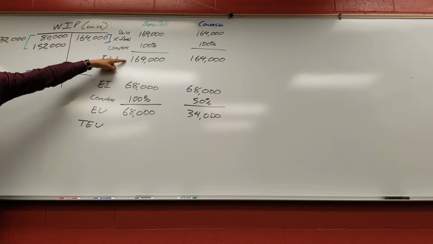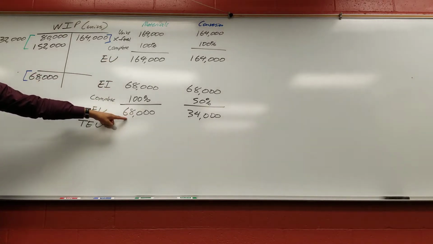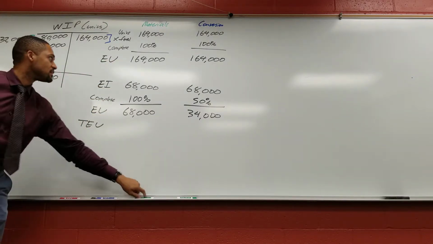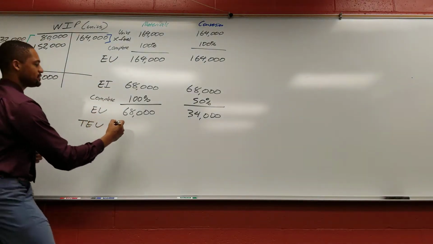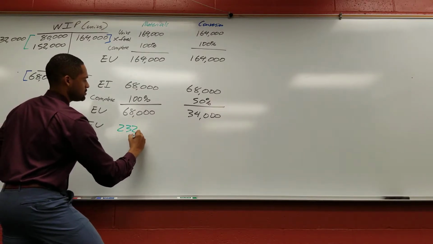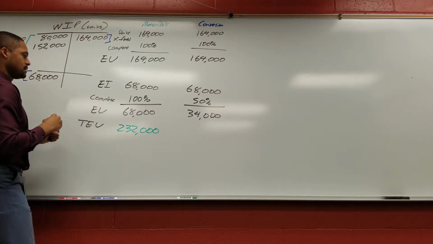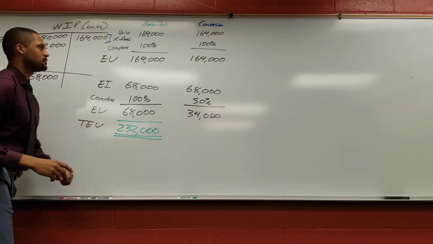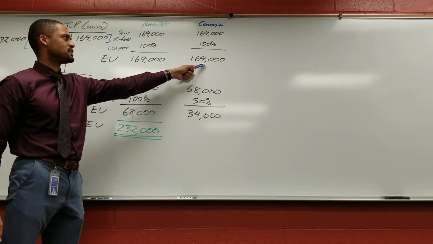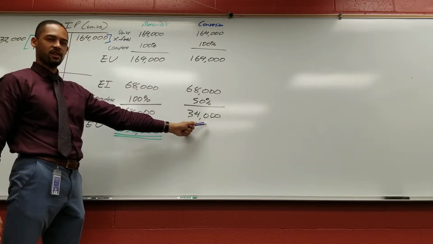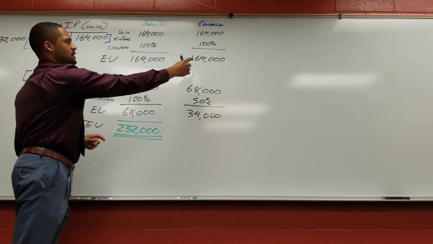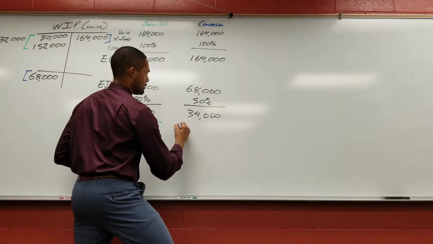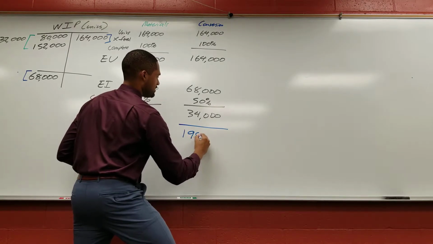This 164,000 plus this 68,000 will give us the total equivalent units. 164 plus 68 should get us 232,000. Then over here, we have 164,000 units that got transferred out, and we also had 34,000 equivalent units in ending inventory. 164 plus 34,000 gives us 198,000.